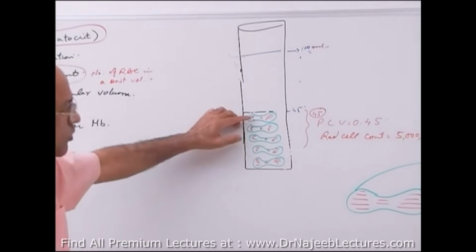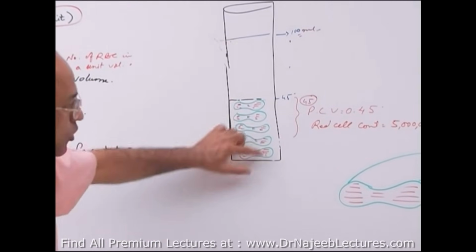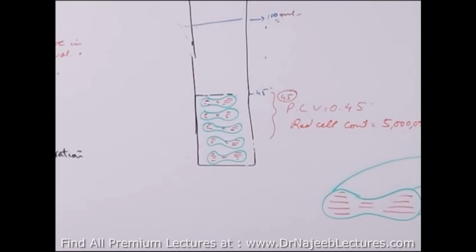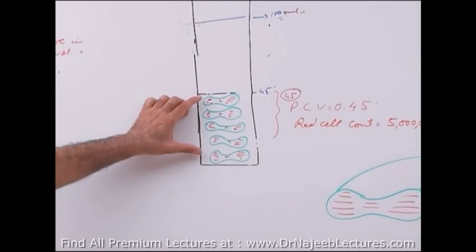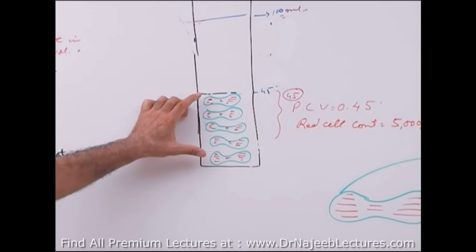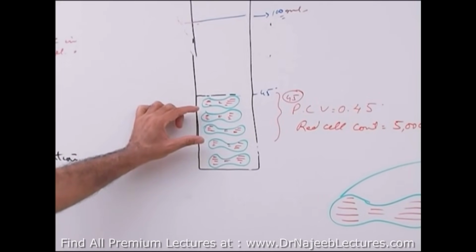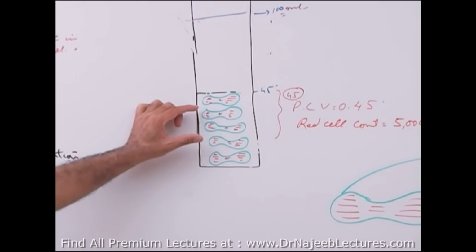Hemoglobin is present within the red blood cells. Can hemoglobin be more than the total volume of red blood cells? No, of course not. So whatever is the packed cell volume, hemoglobin has to be less than that.